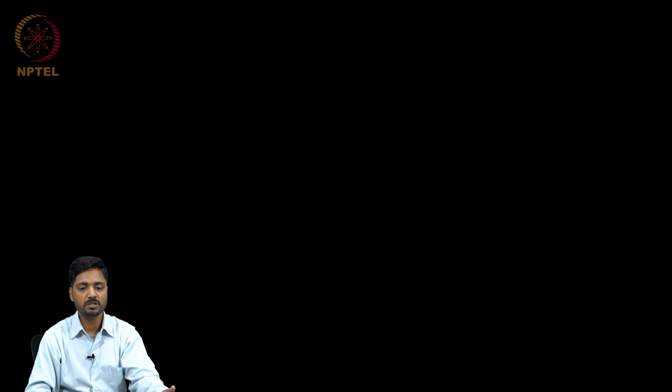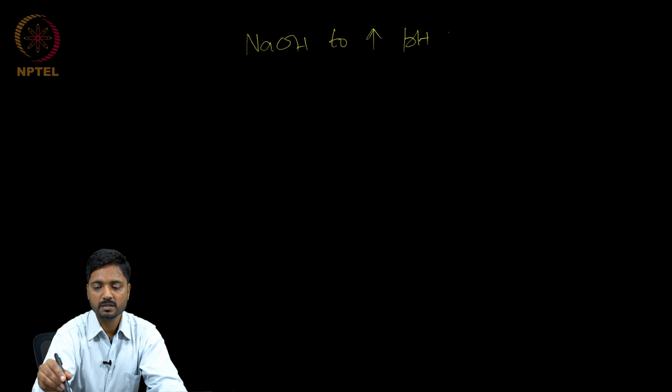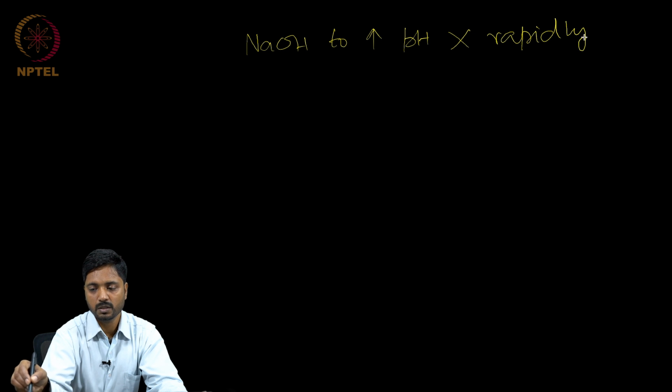Another example is when we need to increase the pH gradually. So, commonly people would use sodium hydroxide to increase pH, but that happens very rapidly, which is not what we want.